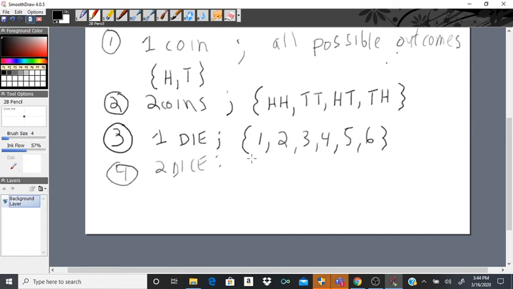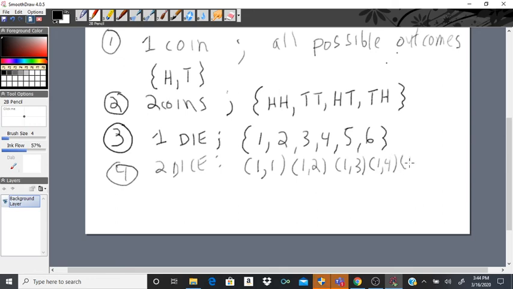Over here, the first die could be, let's say one is red and one is blue. So the red one could be 1 and the blue one could be 1. The red one could be 1, the blue one could be 2. The red 1 and the blue 3. The red 1, the blue 4.